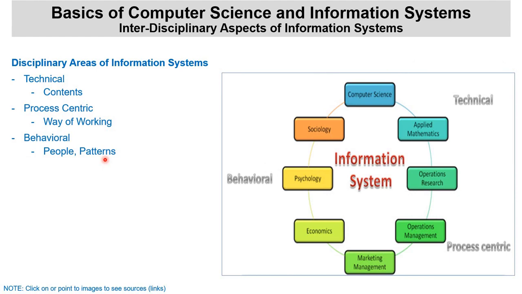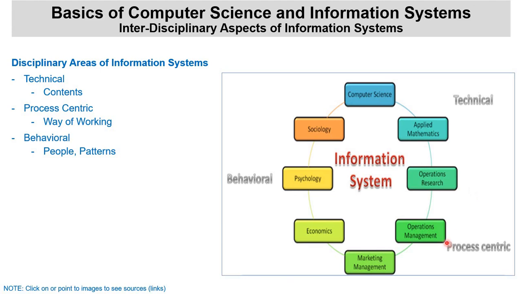And the areas where you can find information systems used, and also possible job opportunities, are things like computer science, like we just explained, applied mathematics, when you're doing operational research, which are more on the technical side of things.